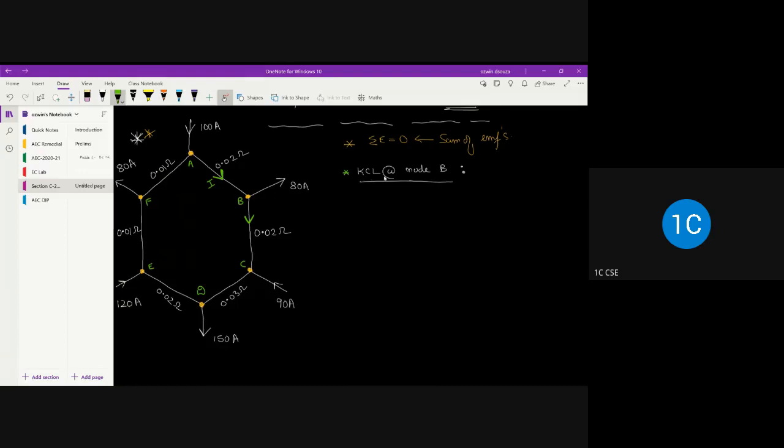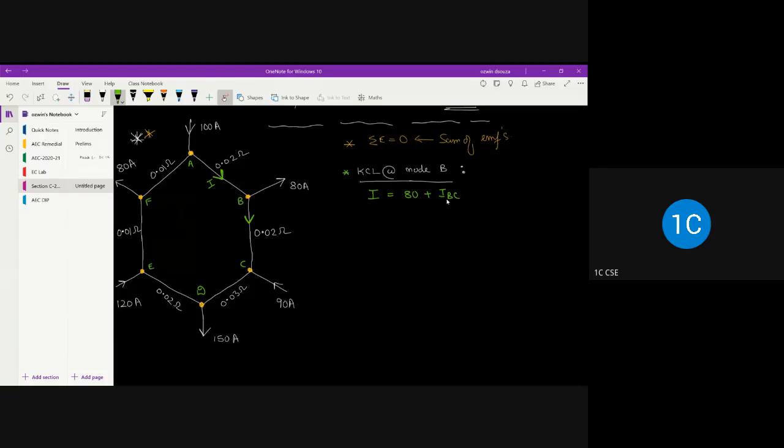So when I apply KCL at node B, what do I get? Incoming current is I, and outgoing current is 80, and I have one more outgoing current, which I'll take as IBC. But I do not want to keep the current as IBC.